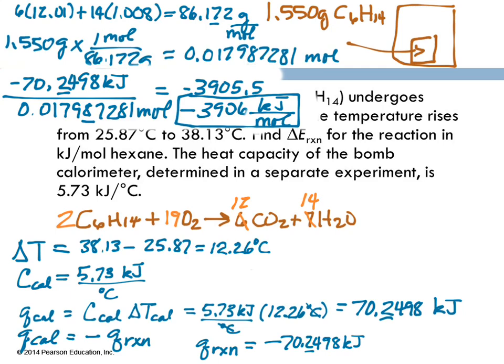Now here's a question. If I wanted to write delta E reaction for this equation, usually when we see these, they are written just in joules or kilojoules, and they don't say per mole.